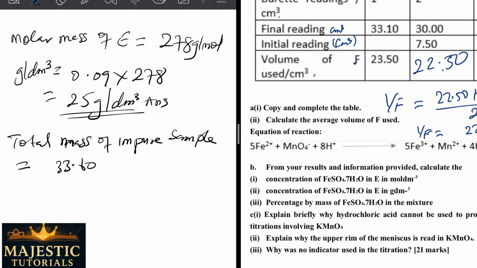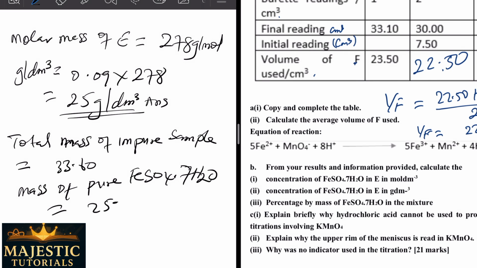So the mass of pure is equal to the mass concentration. So mass of pure FeSO4.7H2O is 25 grams. So for the impurity, it is easier now to calculate.